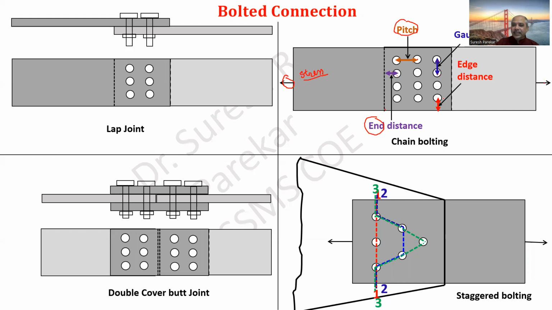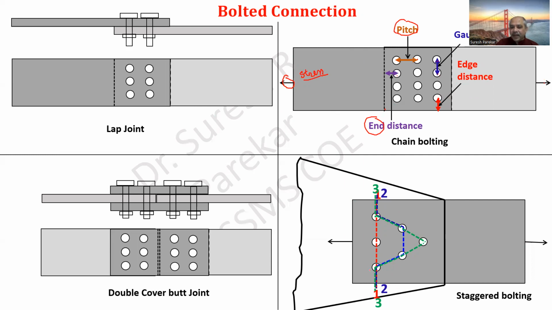Edge distance is the distance between center of bolts to the edge of the plate. So gauge and edge distance are perpendicular to the stress, and pitch and end distance are in the same direction.